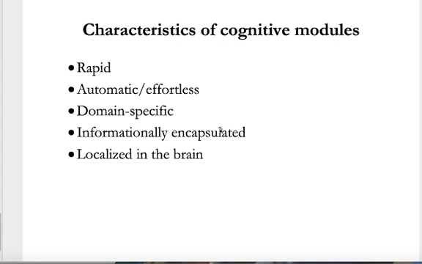The localized part is much, much trickier. And at a first pass, I would say it's probably naive and simplistic to think that any particular information processing function is going to be tightly tied to a particular location in the brain.